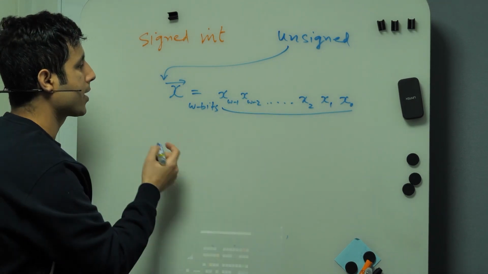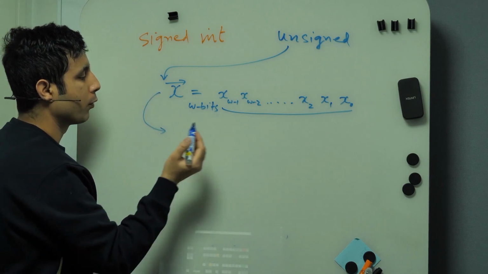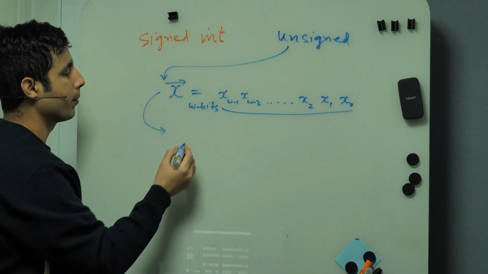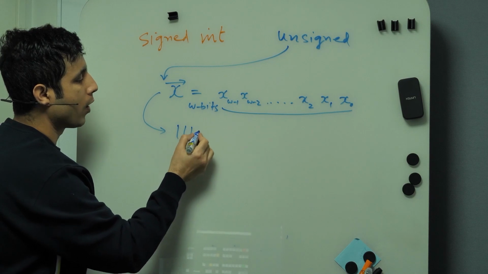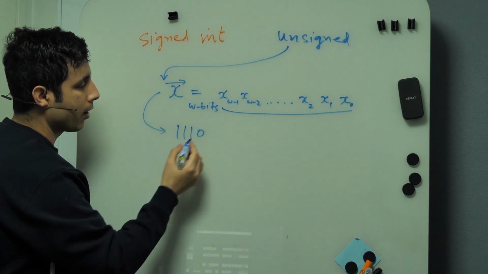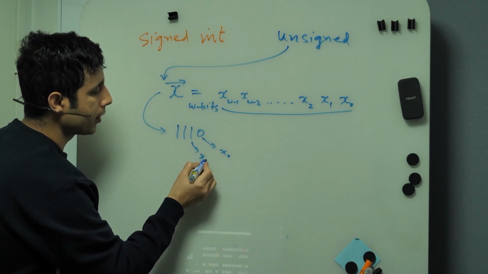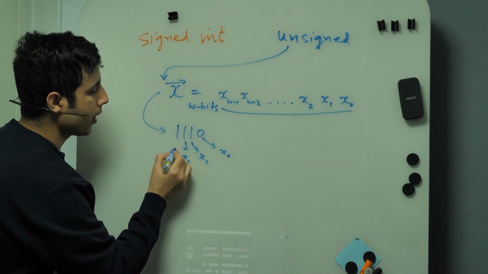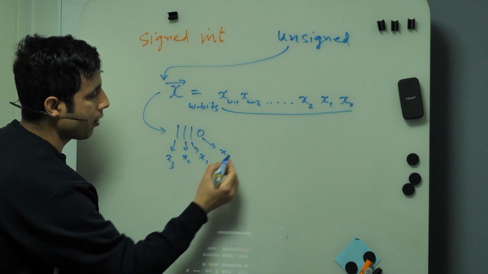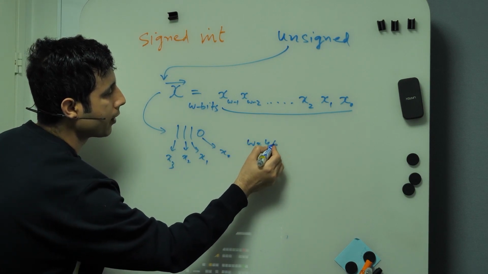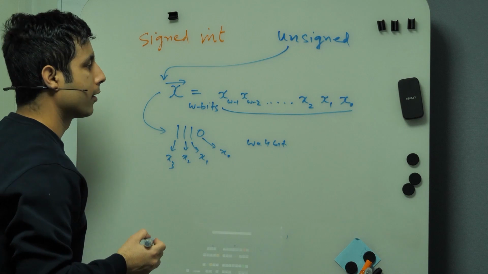As an example, if we have 14, 14 would be 1 1 1 0. Here, this is X0, this is X1, this is X2, and this is X3. W here is 4 bits.